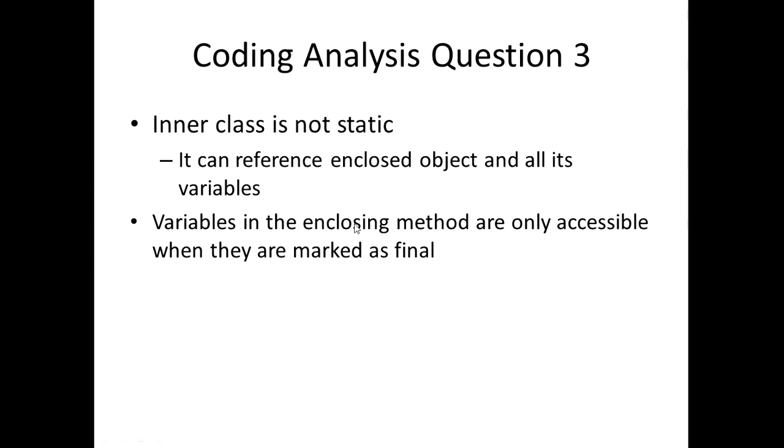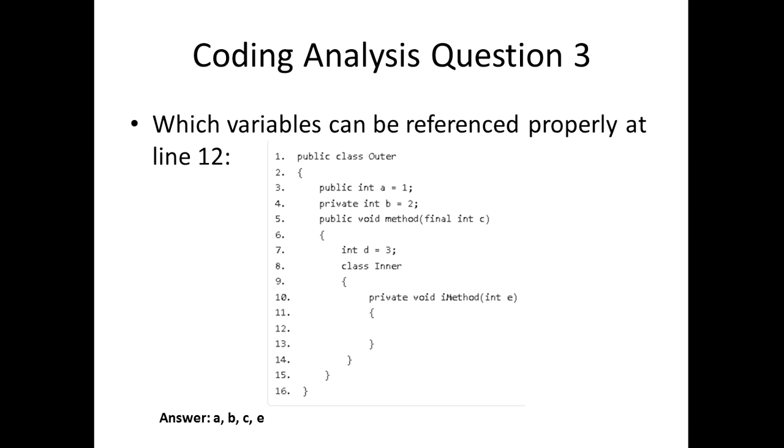As you can see, int d is not marked as final, so it will not be able to be referenced here inside of this iMethod function. So the answer is A, B, C, and E. These are the variables that can be accessed properly at line 12.